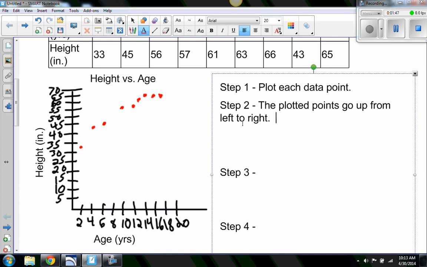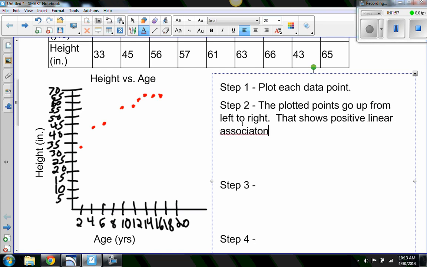So that shows positive linear association, right? It's basically linear. It's not showing a huge curve, right? We can make a line straight through that. So that's step 2. So we need to draw in our trend line.